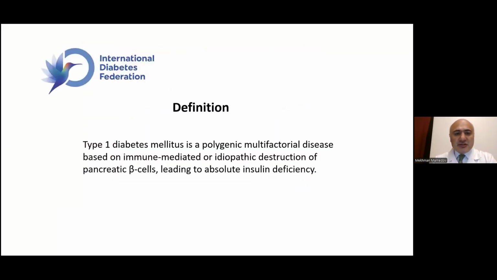According to the International Diabetes Federation, type 1 diabetes is a polygenic multifactorial disease based on immune-mediated or idiopathic destruction of pancreatic beta cells leading to absolute insulin deficiency.